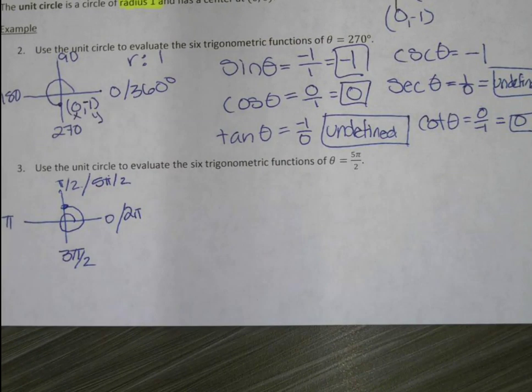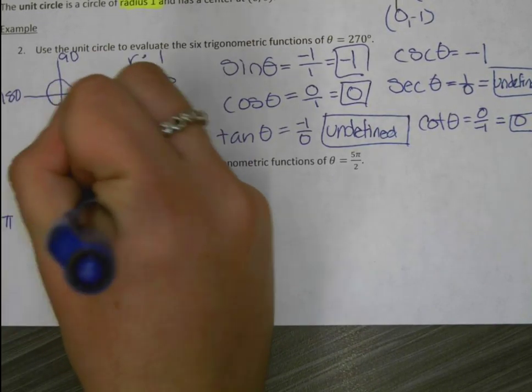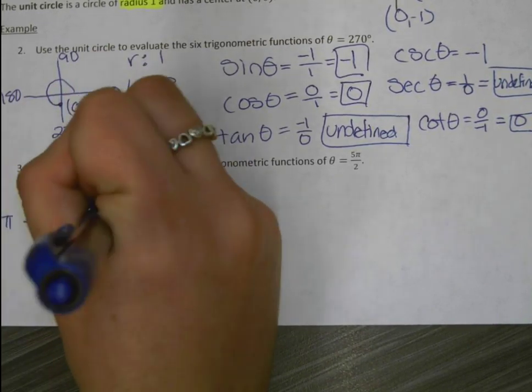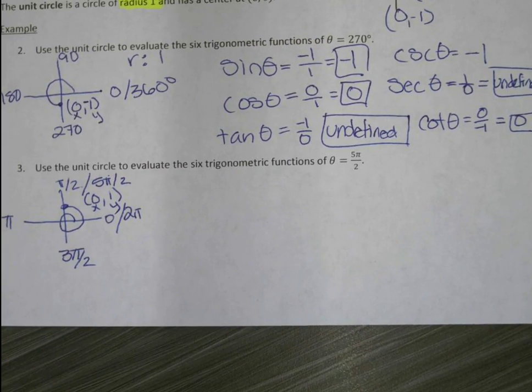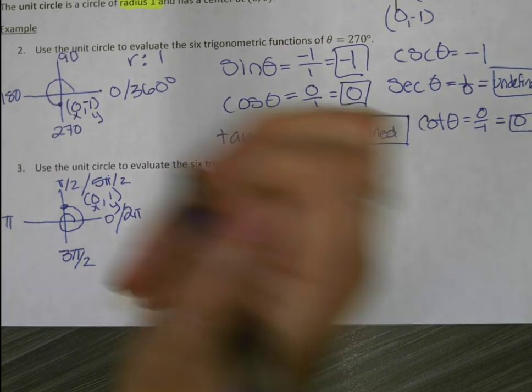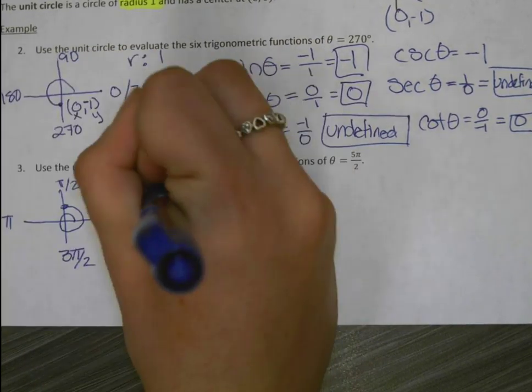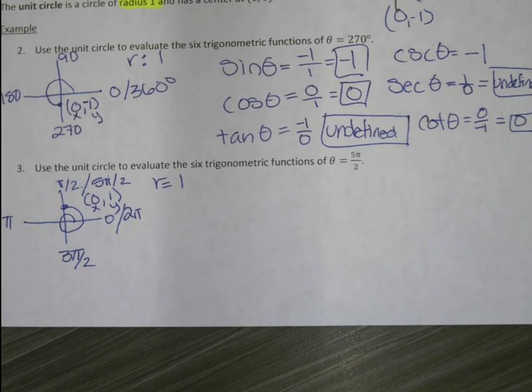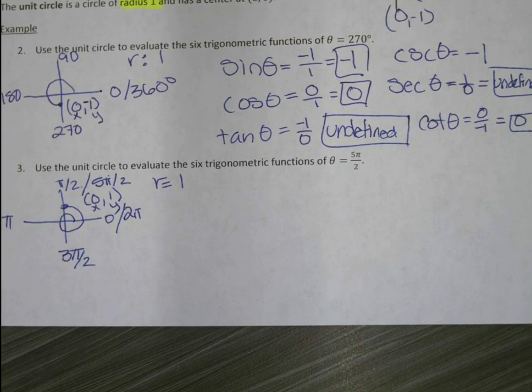So this time, my point is up here, and this is going to be 0, positive 1. So my x is 0, my y is 1, and because it tells me it's a unit circle, that means my radius is also 1.